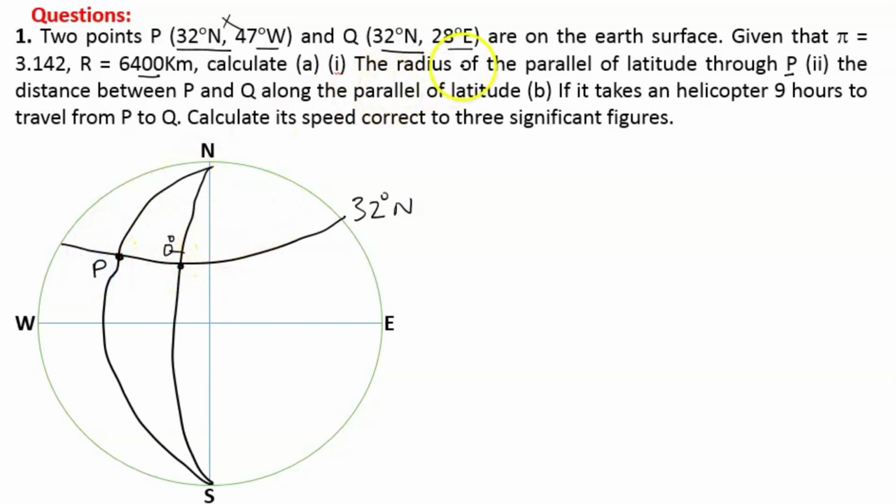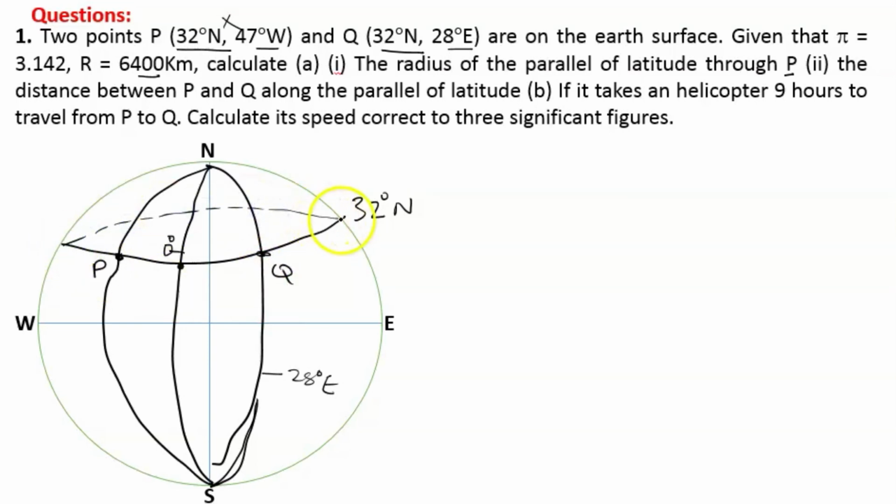And then on the other side, I have 28 degrees east. If I draw that again towards the eastern side, let's assume this is my 28 degrees east. The point of intersection is going to be my Q. When I complete this small circle, of course, you'll be able to locate the center.